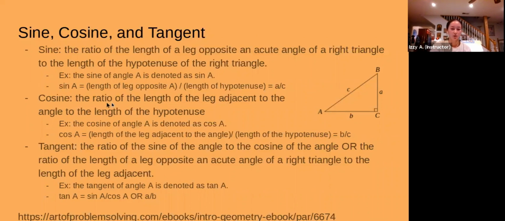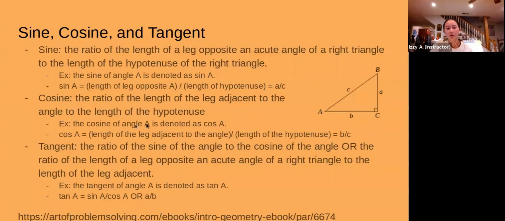Cosine is the ratio of the length of a leg adjacent to the angle to the length of the hypotenuse. To make it easier to understand, we would denote cosine as cos, and then put the angle right after cos.